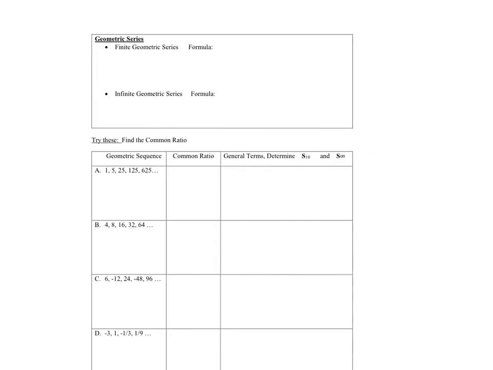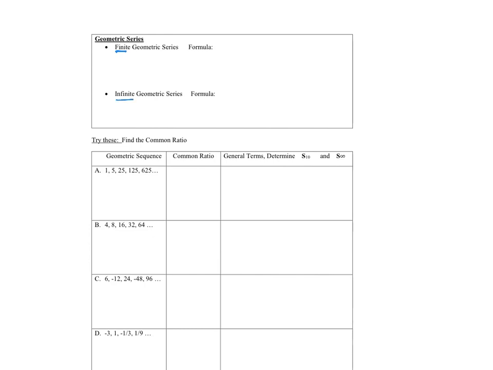Now that we know the formula for geometric sequences, we can look at geometric series. And unlike arithmetic series, we consider both finite and infinite geometric series.